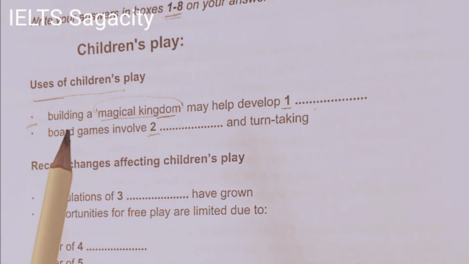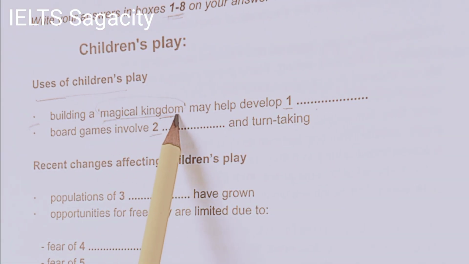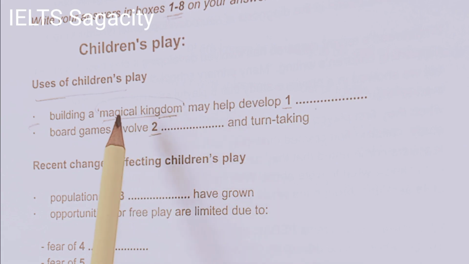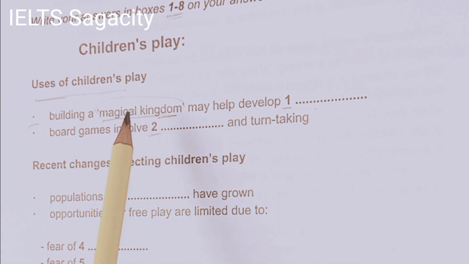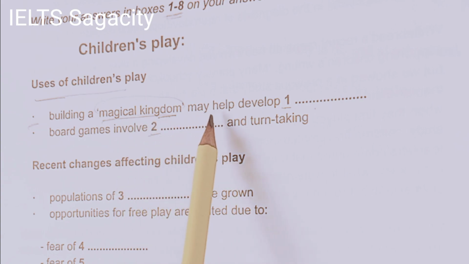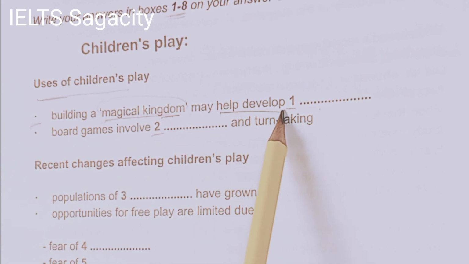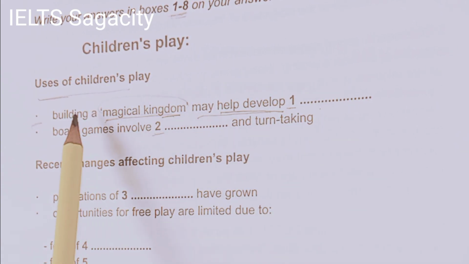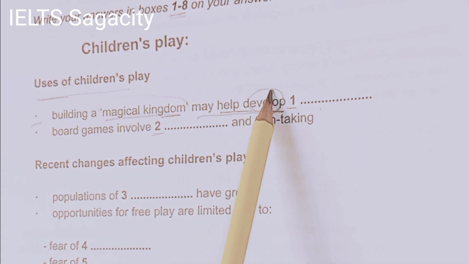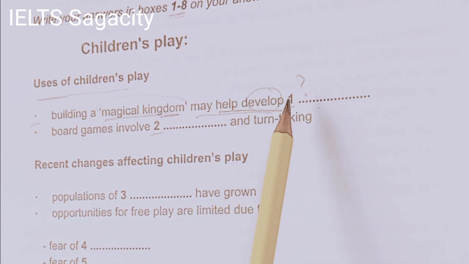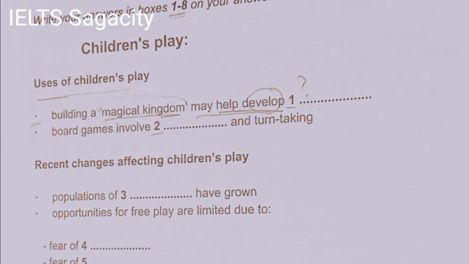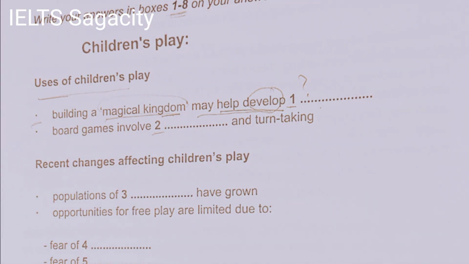So here, magical kingdom is by default the key phrase, and the next meaningful expression that we have got here is building a magical kingdom may help develop. So it helps develop what? Develop something. So grammatically it has to be a noun.